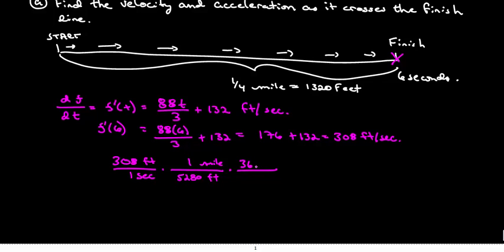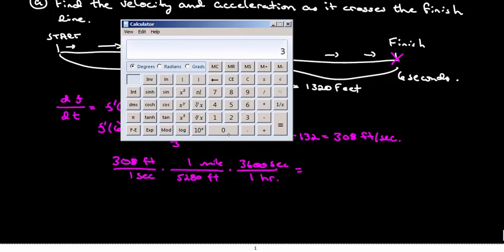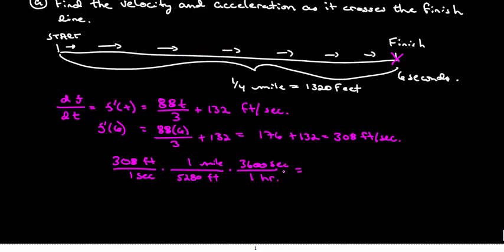So we know that there's 3,600 seconds in 1 hour. And so if we take 308, multiply it by 3,600, and then divide that number by 5,280, we get that it's traveling at 210 miles per hour.